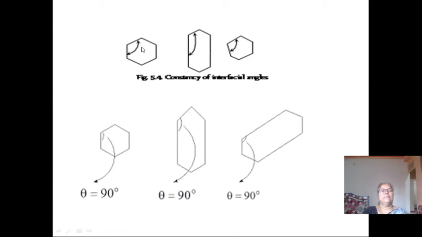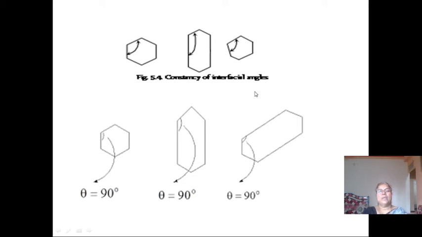Here, see this. This is an interfacial angle. Here, the shape of this crystal somewhat changes, though the interfacial angle remains the same. Here again the shape changes, though the angle between two faces remains constant. That is the constancy of interfacial angle.